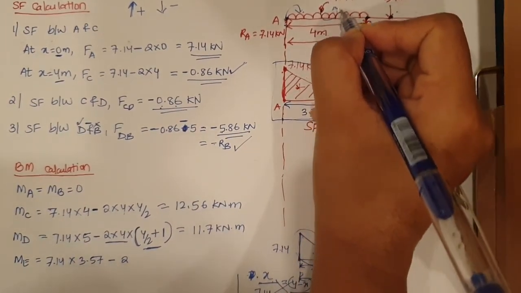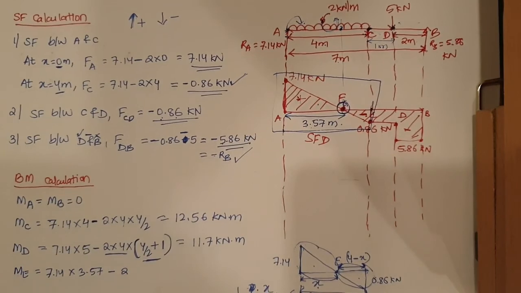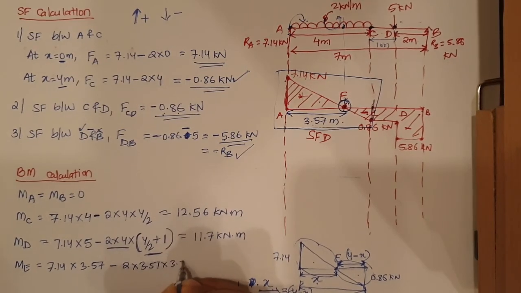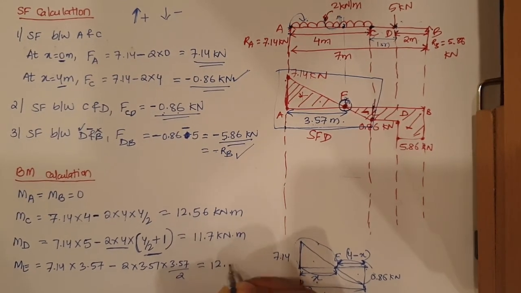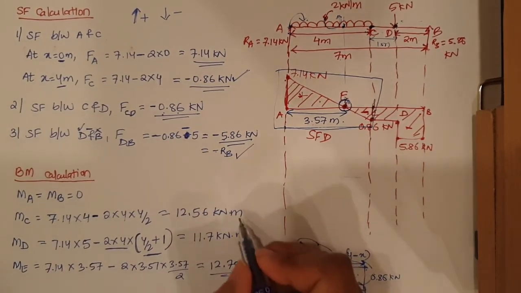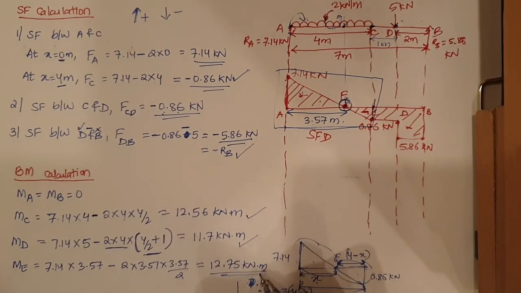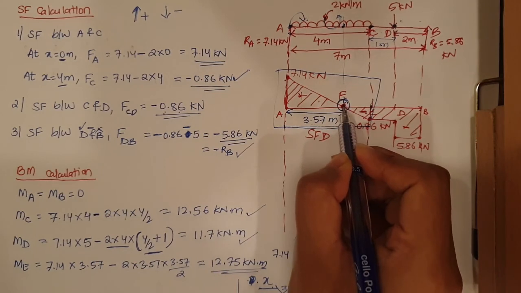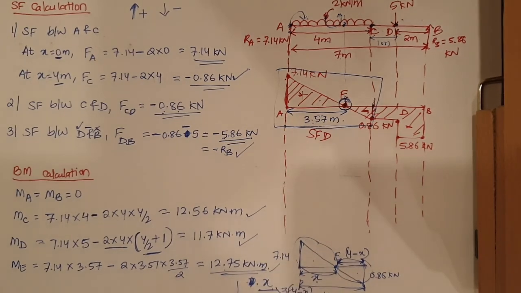Around this point, right, here. So the UDL acts like this, so it is still going in the anticlockwise direction, so minus 2 into 3.57 into 3.57 by 2. This will give you 12.75 kilonewton meter. As you can see, the moment at C was only 12.56, at D 11.7, and at E, where the point of contraflexure occurred, where the shear is zero, maximum bending moment should come, so we got the maximum bending moment at this point.